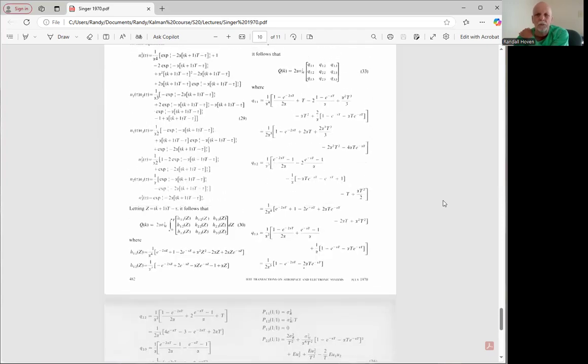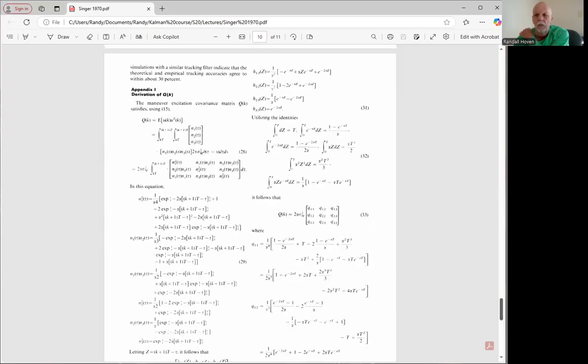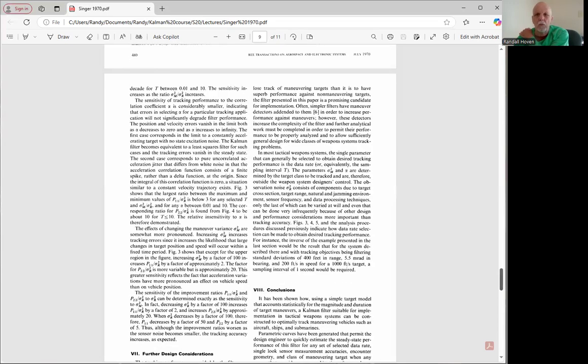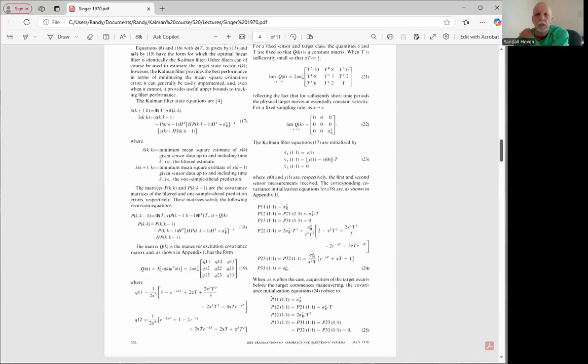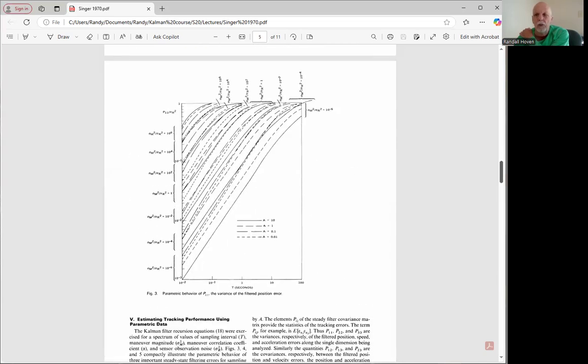What else? Let's go back and remember when I said you can figure out your covariance matrix stuff without actually taking measurements. That's what he's doing. That's what this paper is based on. We're just saying how accurate could we track something just based on our model of the system and using the Kalman filter equations.